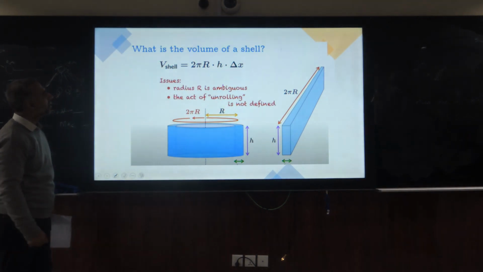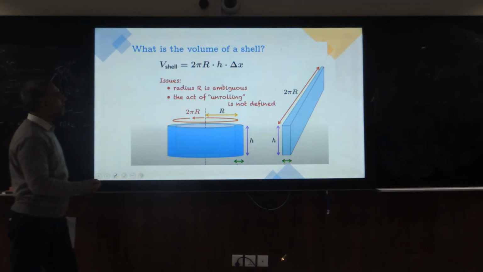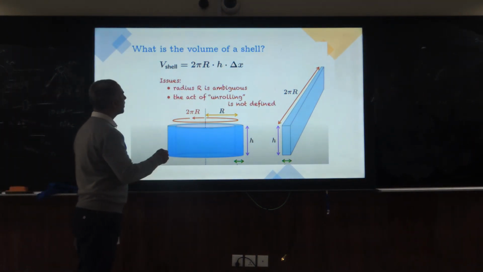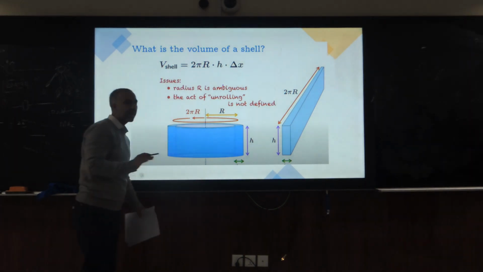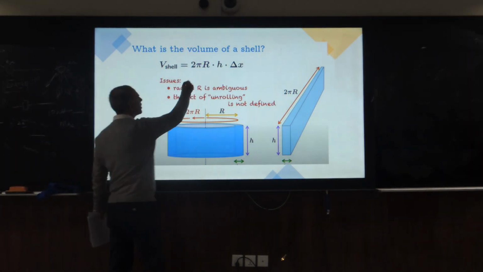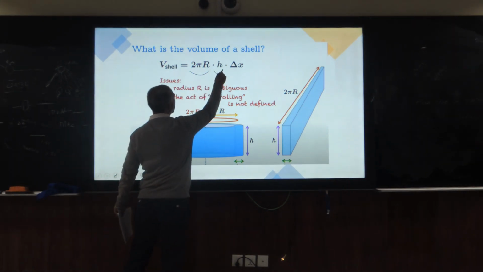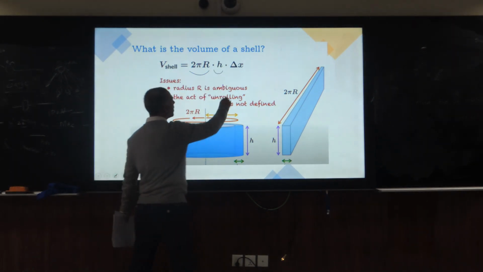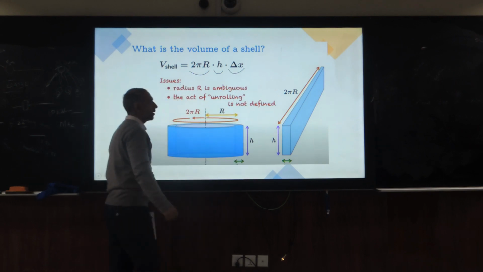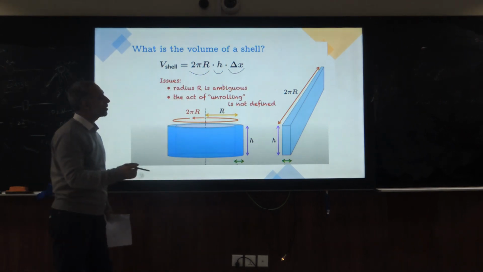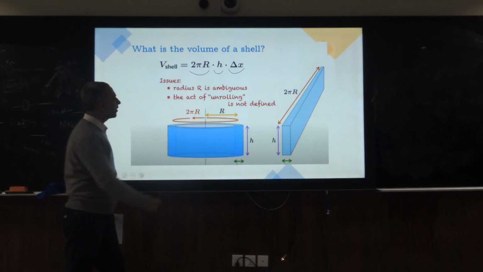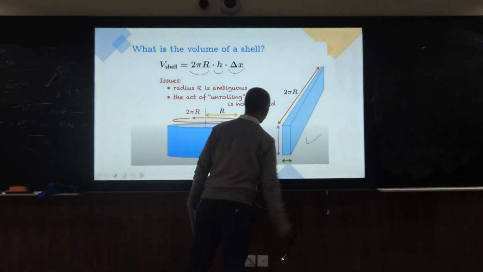So for determining the volume of a shell, what is the important thing? The important thing is we unwrap each shell. This represents its circumference, and the height of each shell is represented with h, and delta x is the change, or the thickness of each shell. This is the unwrapped formation of a shell.